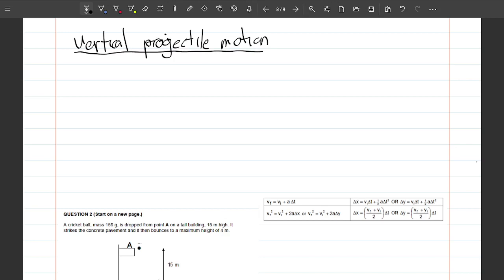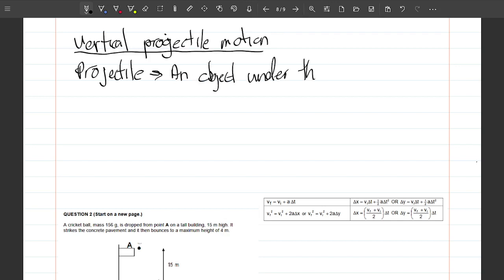This honestly feels like mathematics literacy to me, but anyways, what you have to know beginning this question is the concept of a projectile. A projectile is an object in free fall. What is free fall?